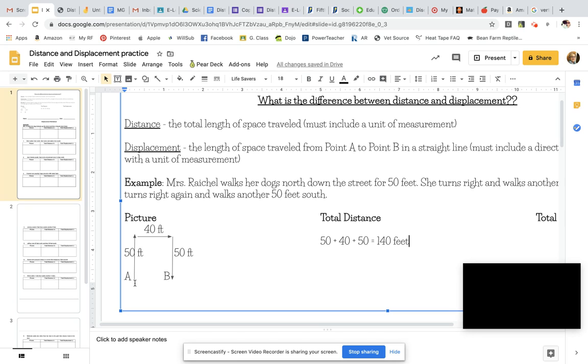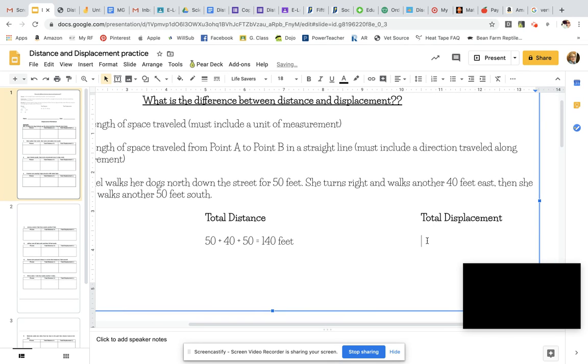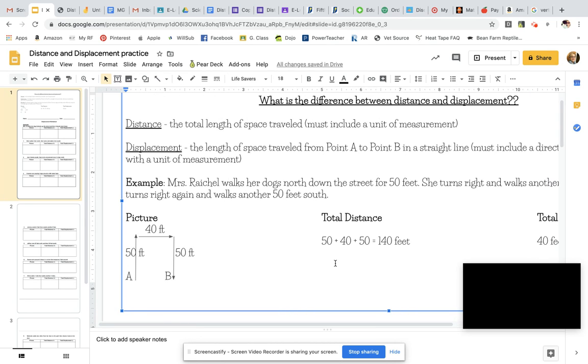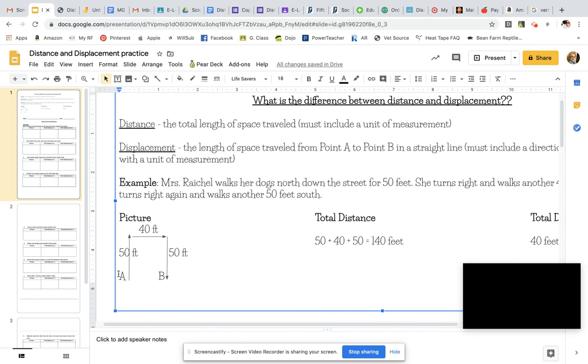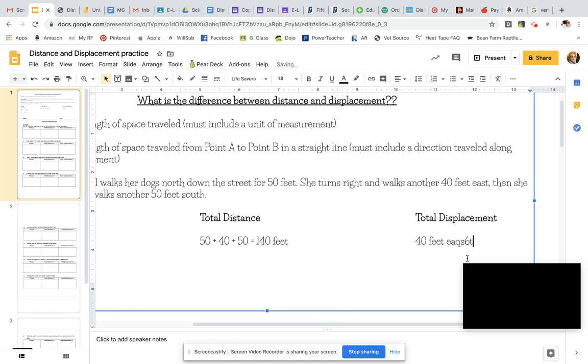And what is the space between A and B? It's 40 feet. So my total displacement is actually 40 feet, but then you do have to identify the direction that you traveled. And how do I get from point A to point B? If I traveled east this direction, then it's 40 feet east.